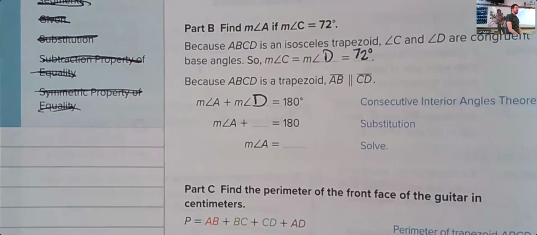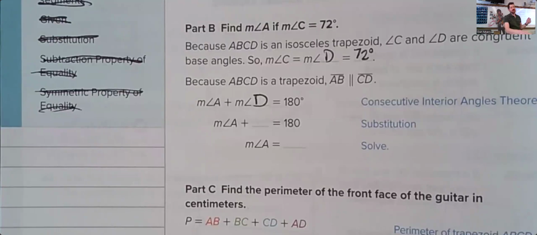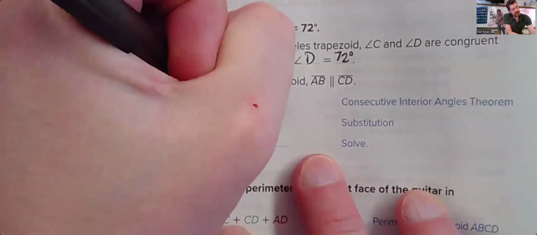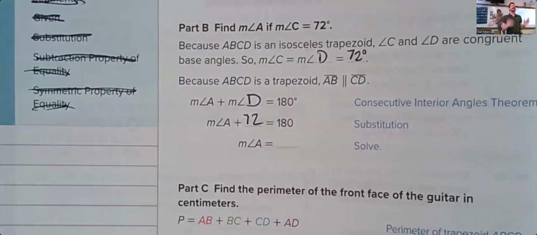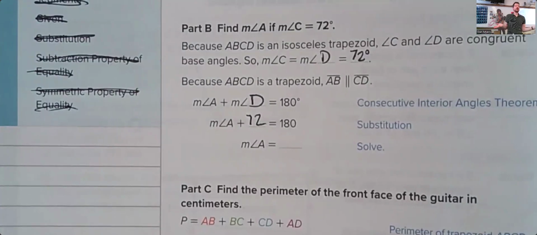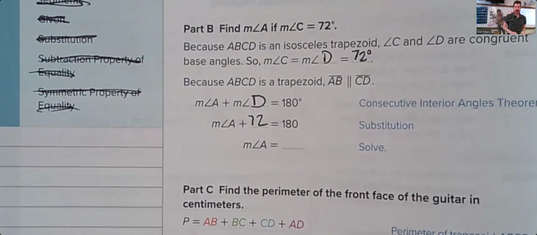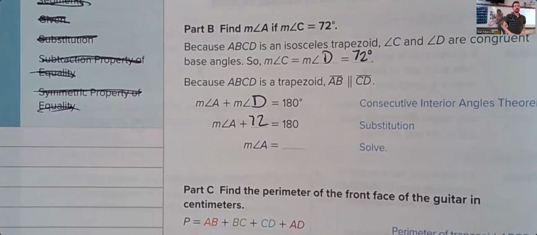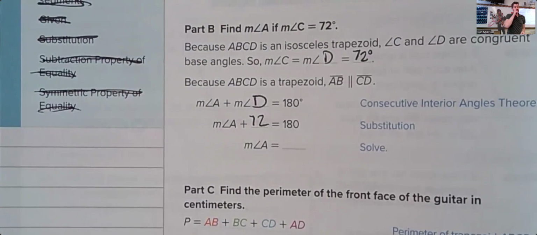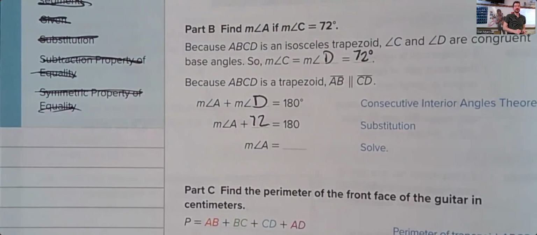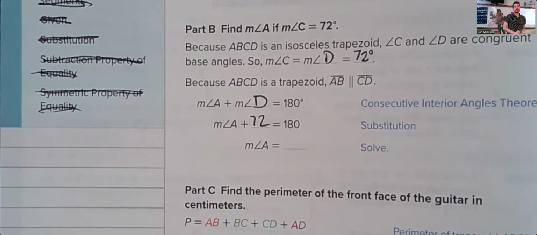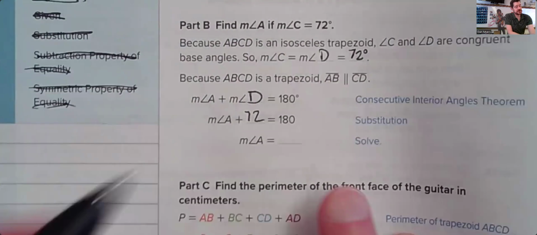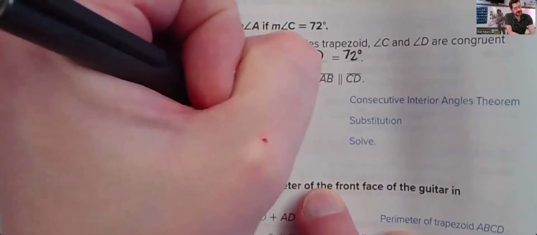Now, angle D was how many degrees? 72. So measure of angle A plus 72 equals 180. So 180 minus 72 is going to be the measure of angle A. How many degrees is A? What's 180 minus 72? 108. So A is 108 degrees.